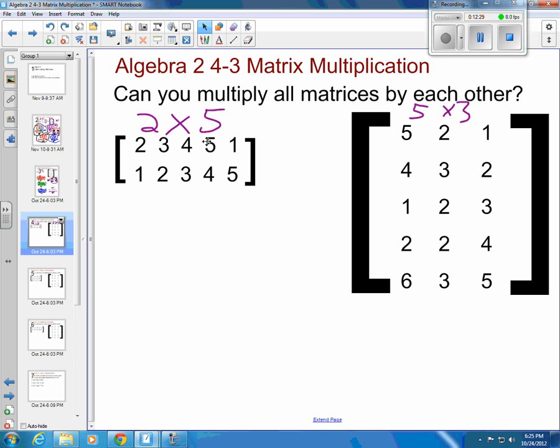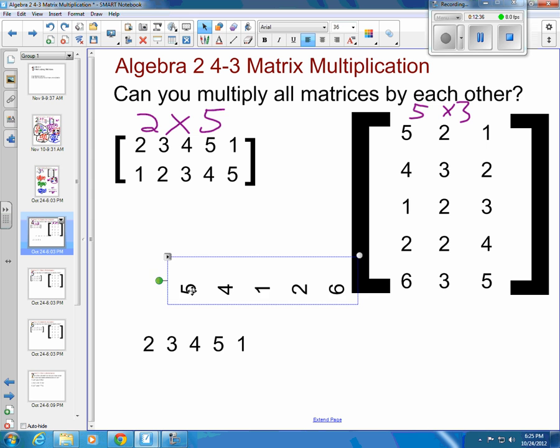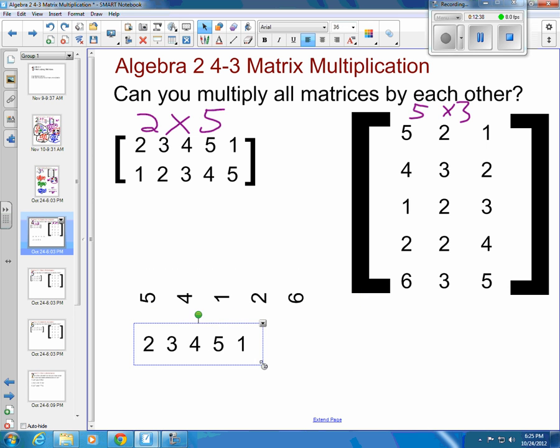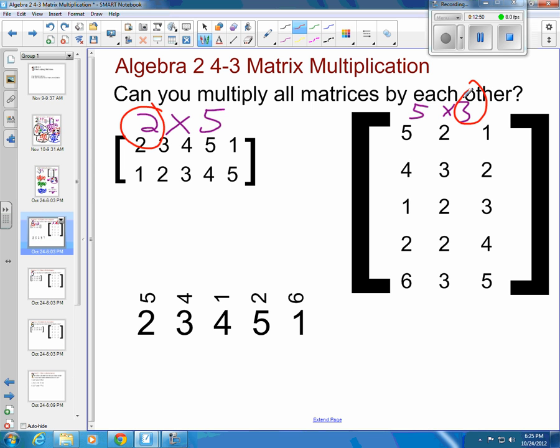That way, when I pull the elements off, this one and this one, will they match up? Well, if they were all the same size, they sure would. So the inside numbers are the same, so we can multiply them. Your answer, in this case, is going to be a 2 by 3 matrix.